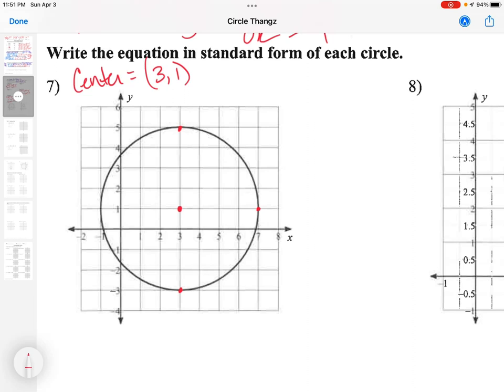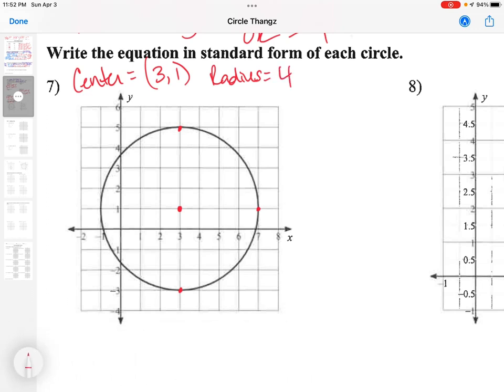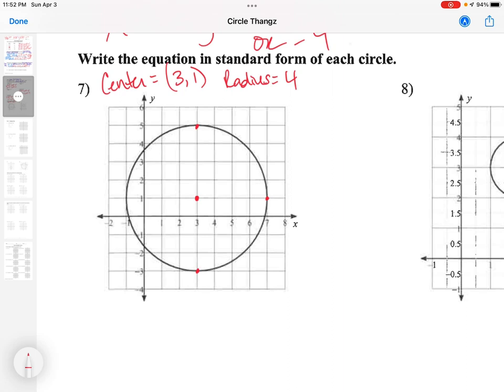And since I said my diameter was 8, that means my radius is equal to 4. So I have all the information that I need now to write my equation. So (x - 3)² + (y - 1)² = 4².